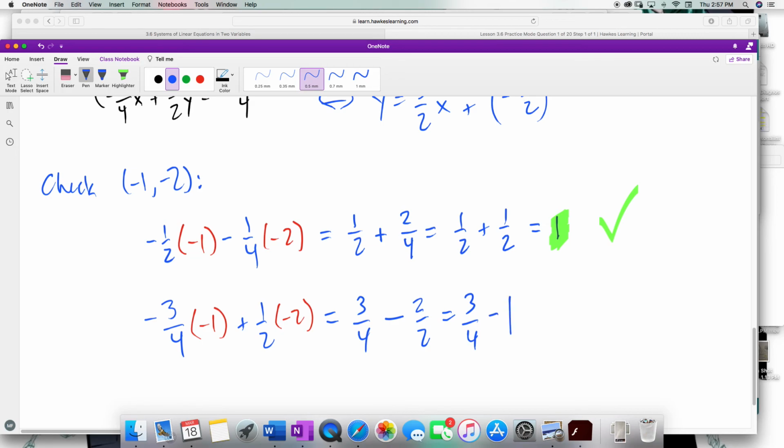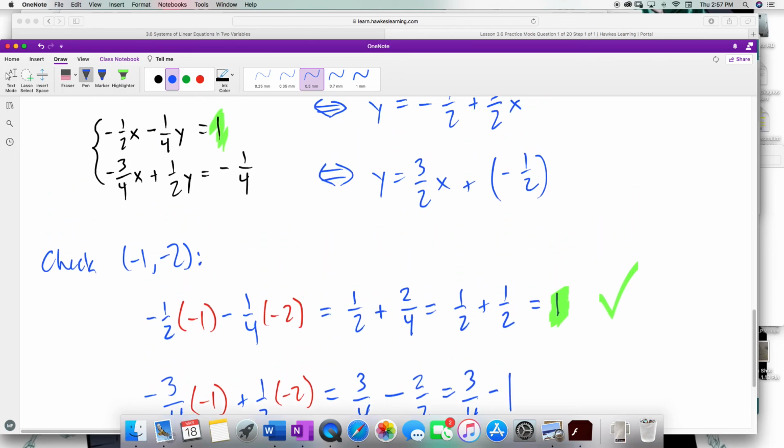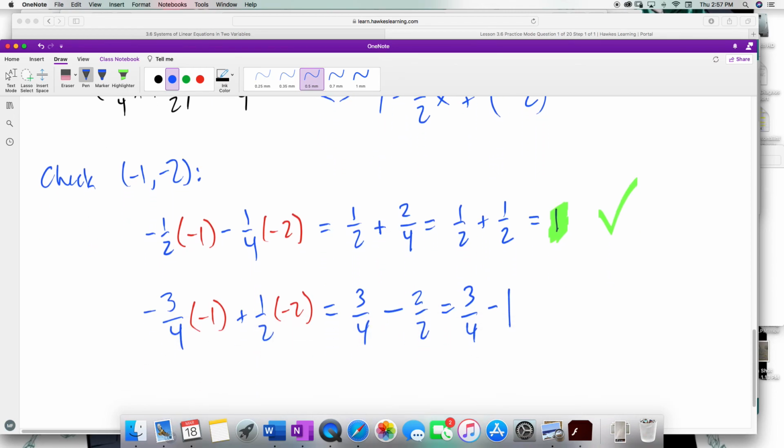Okay. The thing is we want to subtract those two. So instead of 1, what I'd prefer is to think of it as 1/1. Okay, let's do that. There we go. And so I can multiply that by 4/4.